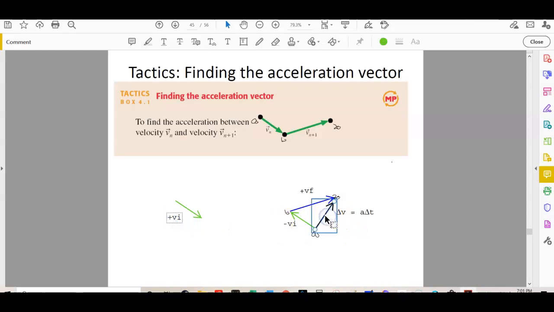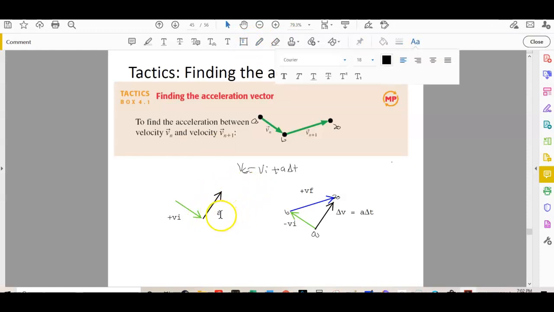And what we're going to do is add to that this acceleration vector. So I just copied it and pasted it right here. Since V initial plus acceleration times delta t is equal to V final, this is the acceleration vector in this case.